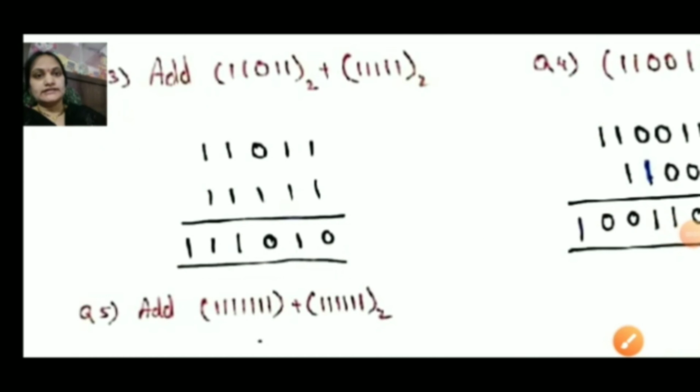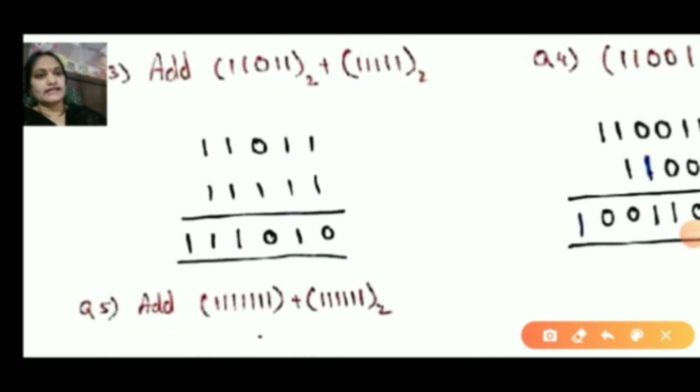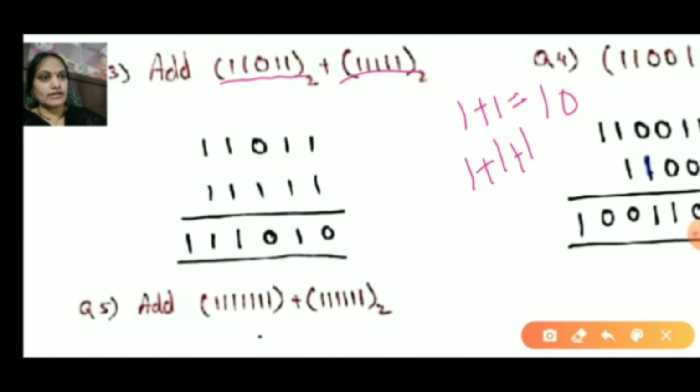Now the third problem, that is we have to add this number with this number. Okay. So before going to do this, you write the values for 1 plus 1 is equals to 1 0 and 1 plus 1 plus 1 is equals to 1 1. Okay.